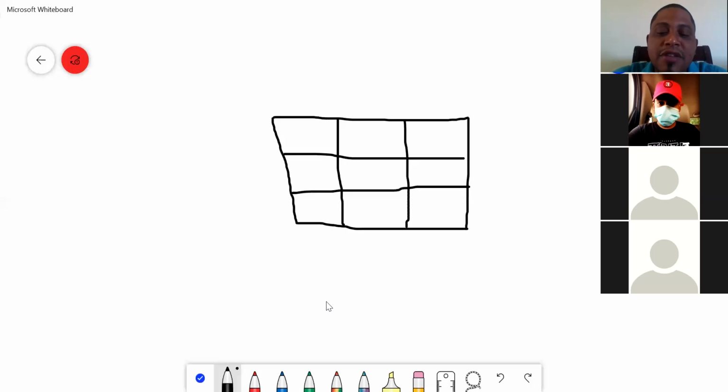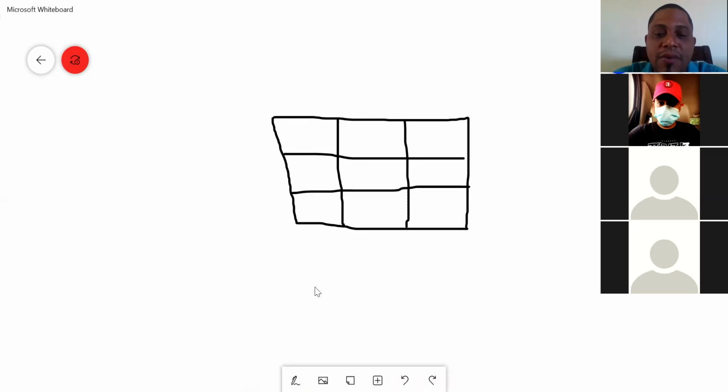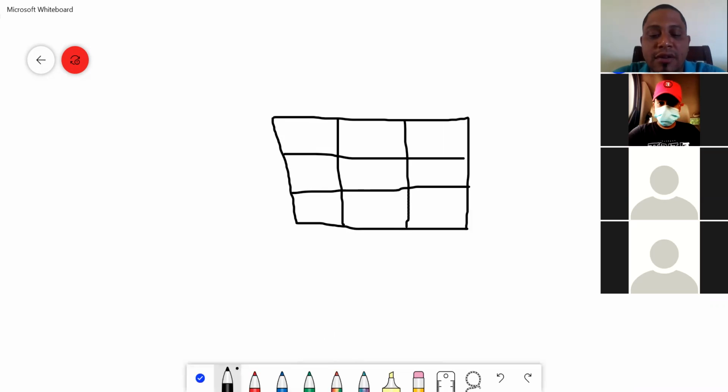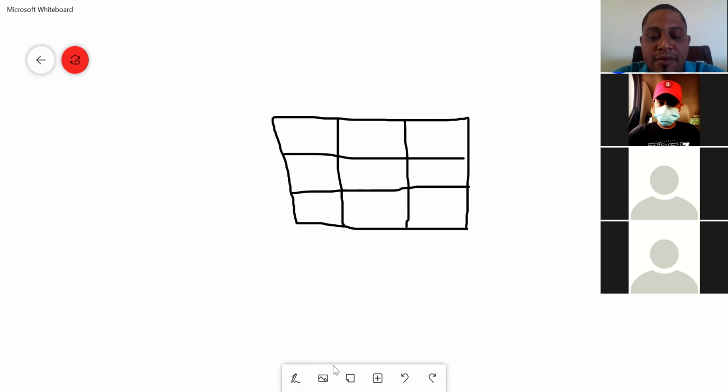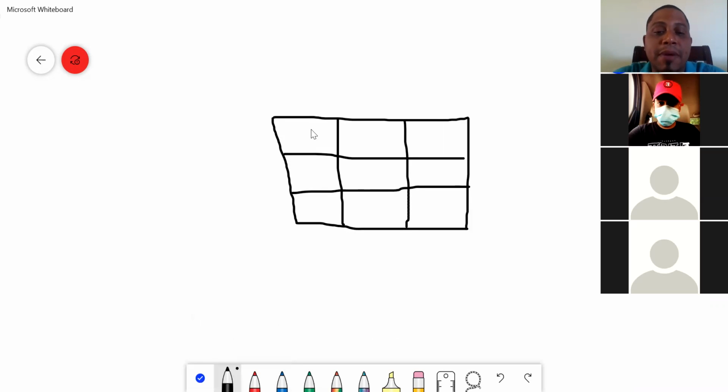Within the chart, we had some letters. The fundamental vowels were in the chart. Let me see if I can write here. Well, it doesn't allow me, so I'm gonna do it with a pen.